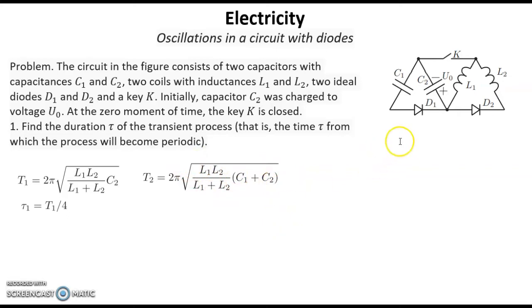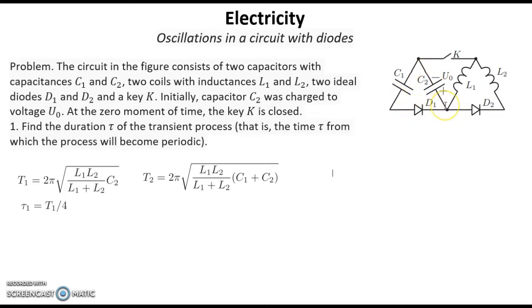But this process will continue until on this capacitor we have maximum voltage. After that this diode will be closed again, because now the current cannot go in the opposite direction.